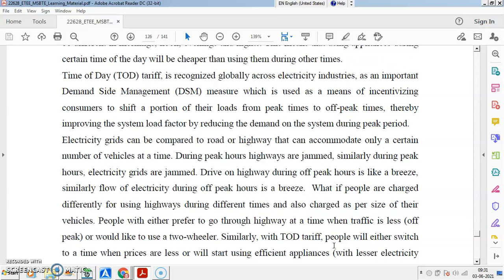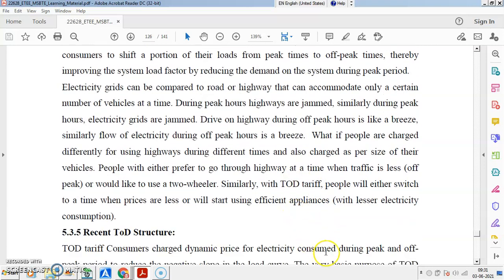So if people are charged differently for using the highways at different times of the day, as per the size of the vehicle and the time of the day, people will either prefer to use that particular highway at a time when traffic is less, or off peak, or would like to use a two-wheeler or other similar vehicles.